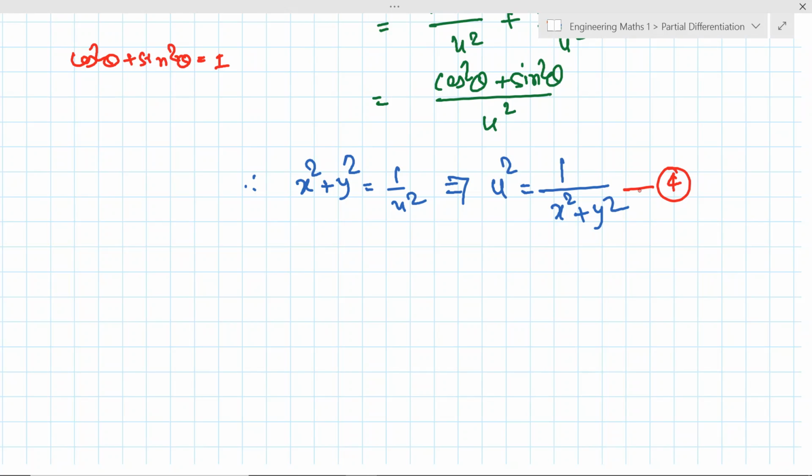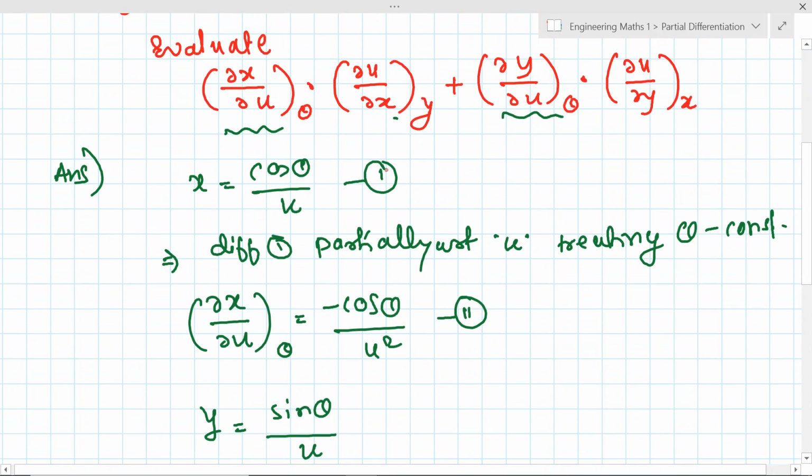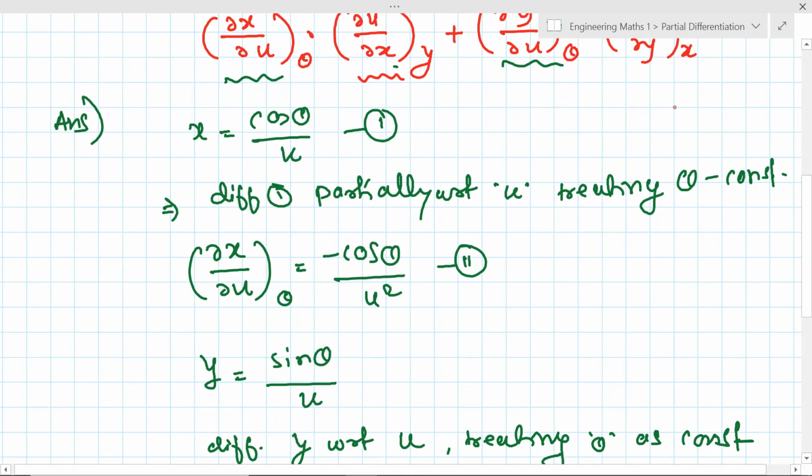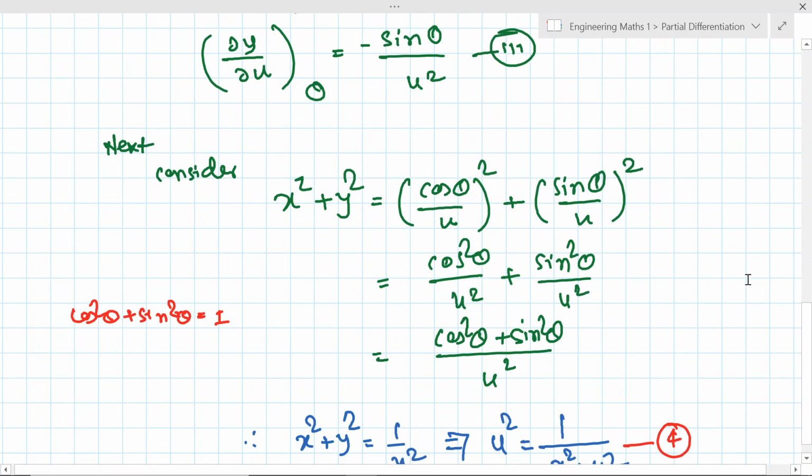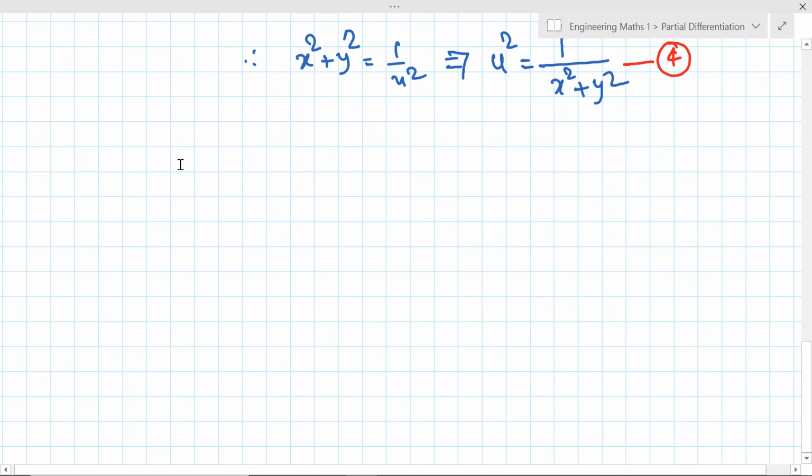Now partially differentiate equation 4 with respect to x, treating y constant, and with respect to y, treating x constant. What do I get?